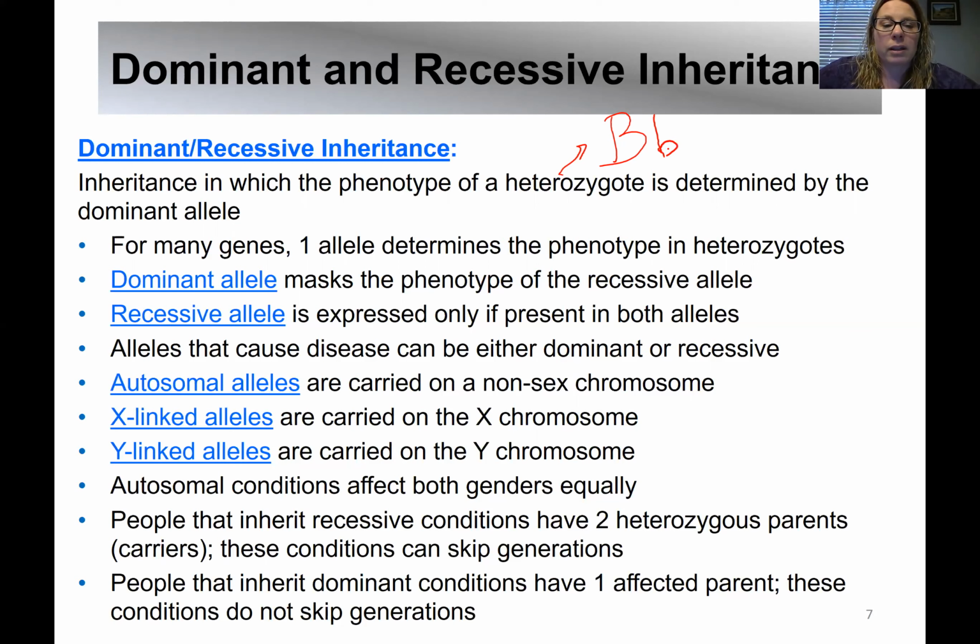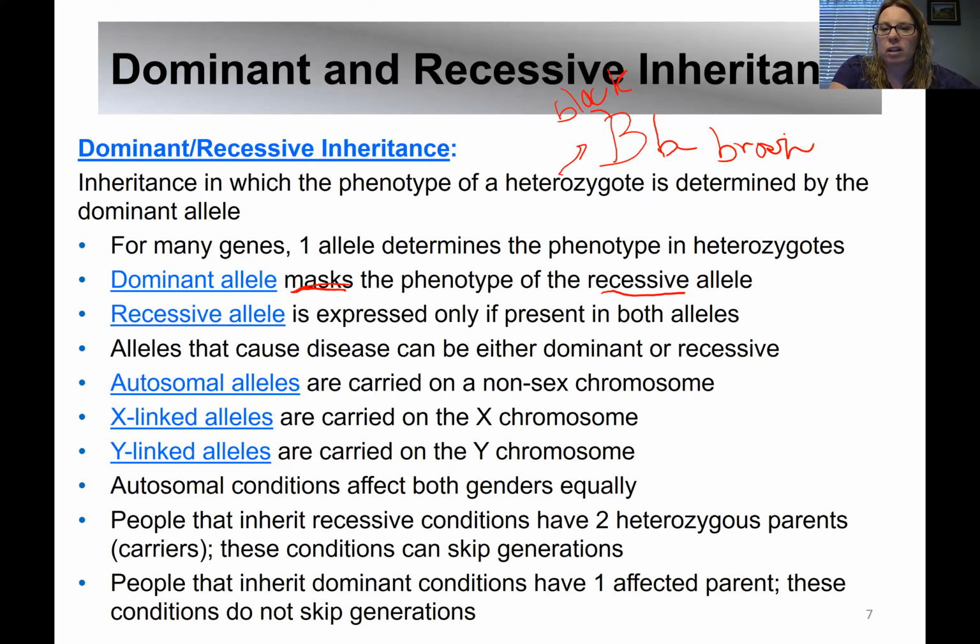So a lot of times, if you have two alleles that come together and one is going to mask another trait, that's called a dominant trait. Okay, so I used a big B, little b here. Let's pretend we're talking about black and chocolate labs, dogs. Big B is going to represent black fur color, little b represents brown.